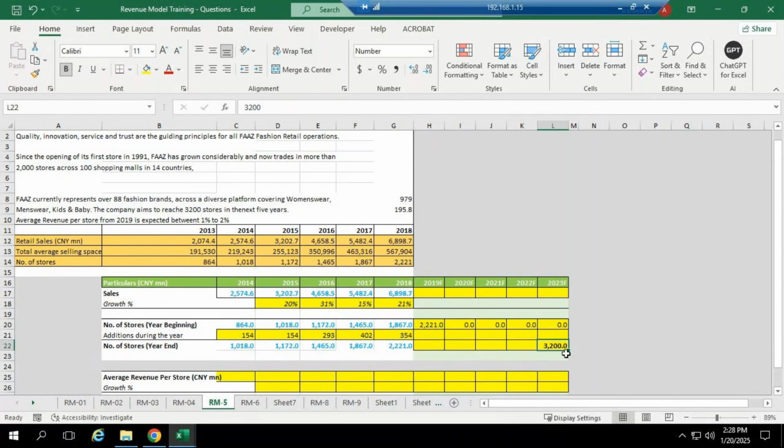Understanding? See, now we'll be getting the answer here as 979. So for 5 years it has to establish 979 stores in total.